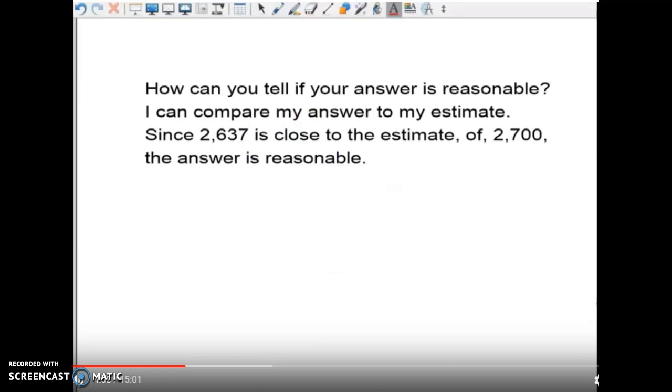It says, how can you tell if your answer is reasonable? We already talked about this. I can compare my answer to my estimate. And since 2,637, that was our answer, is close to the estimate of 2,700, the answer is reasonable.